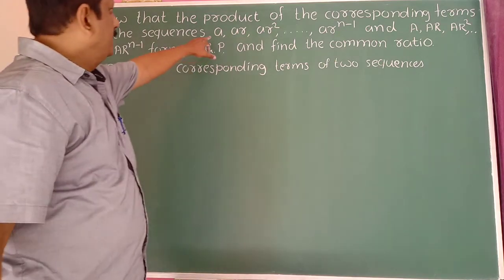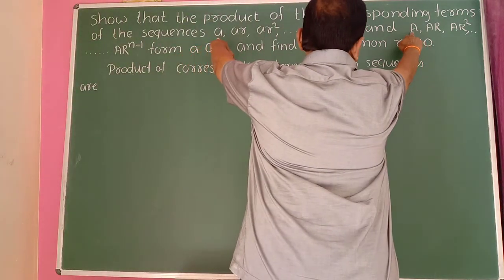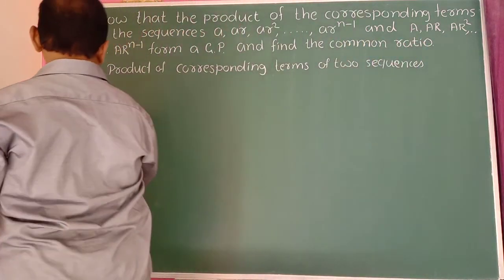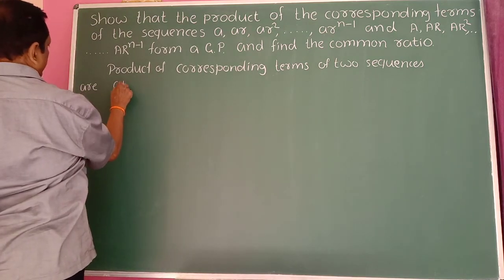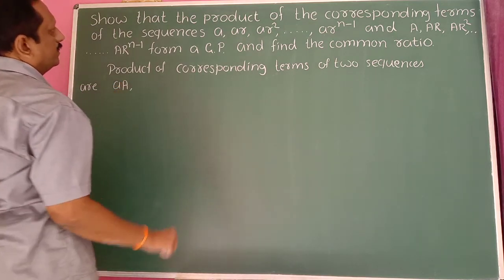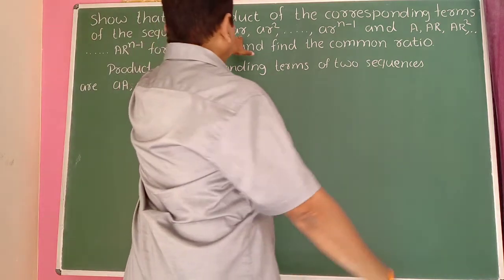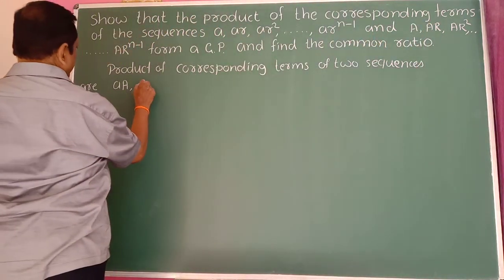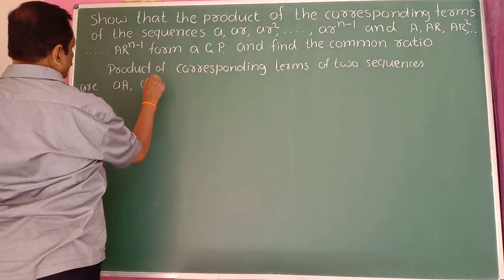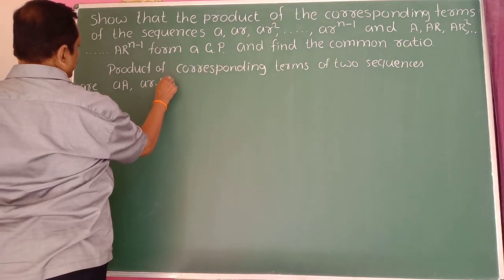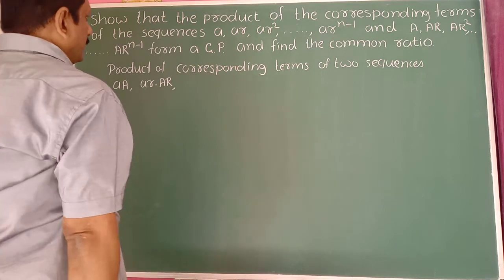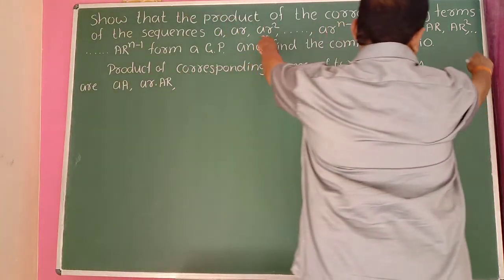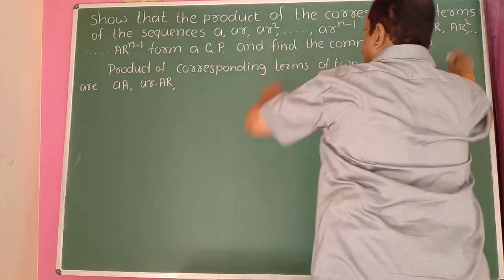Take this part A, this term and this term A. It's a product A into A, comma. Next the second term, and here it's the second term here. So AR into capital A, capital R. Then the third term AR square, this term, third term AR square here.